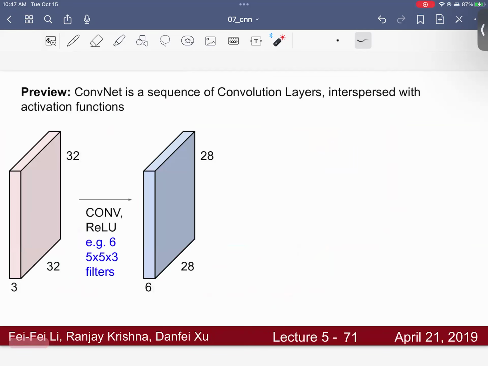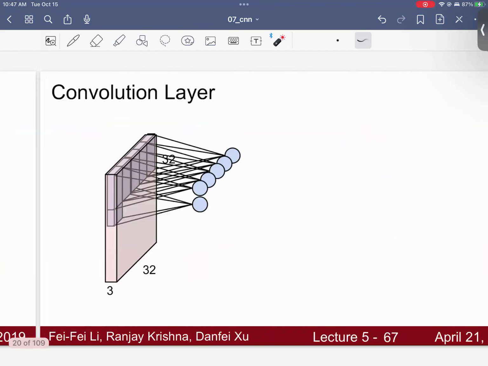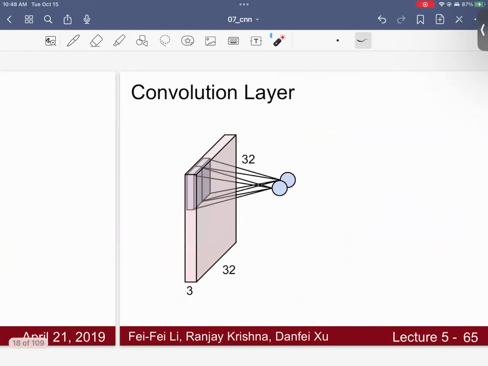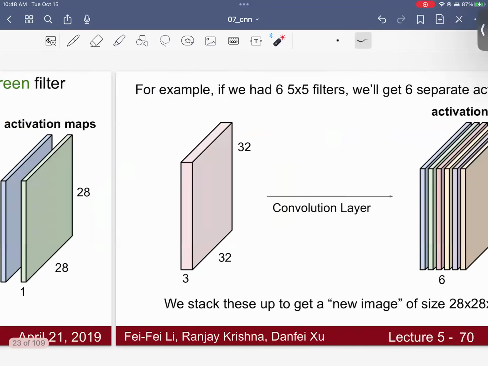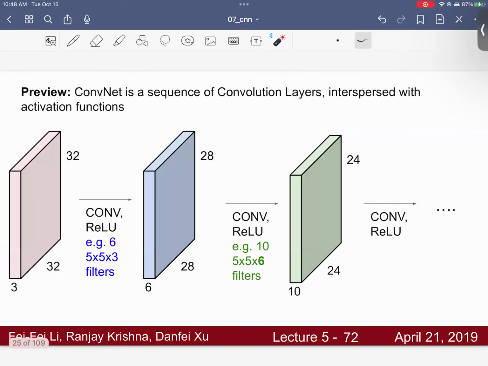Right, so one convolution, and also you can put ReLU after this. After this, you can put a nonlinear activation function here. It could be ReLU, it could be sigmoid, it could be tanh, whichever you want. So after convolution and ReLU, you get this 28 by 28 by 6. Let's assume that you do it once again using the same 5 by 5, but this time by 6.